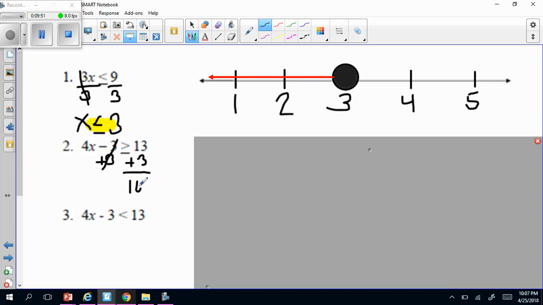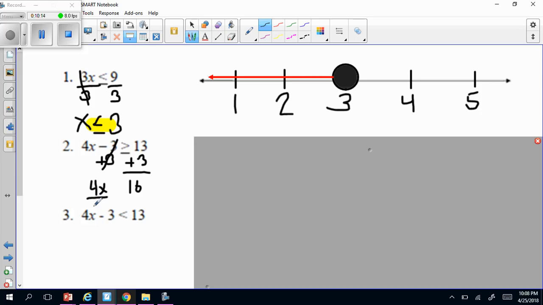Now, next I have this 4x. I want to get x by itself. That's my purpose here. So the operation that's going with the 4x is that it's multiplying. So we have to divide. So in doing that, I want x by itself.